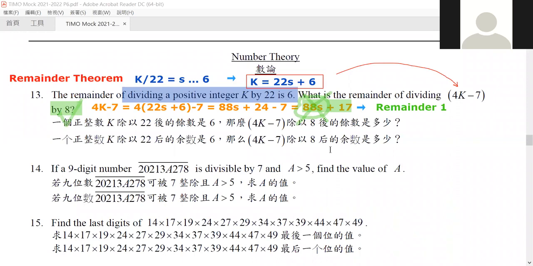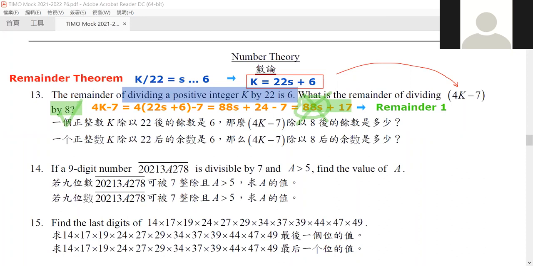Then we substitute this k into our expression, and we can rewrite 4k minus 7 as 88s plus 17. After we divide this by 8, the 88s becomes 11s. This is our quotient, which has nothing to do with the remainder. The remainder is contributed only by the 17, and 17 divided by 8 has a remainder of 1. So the whole number will have a remainder of 1.